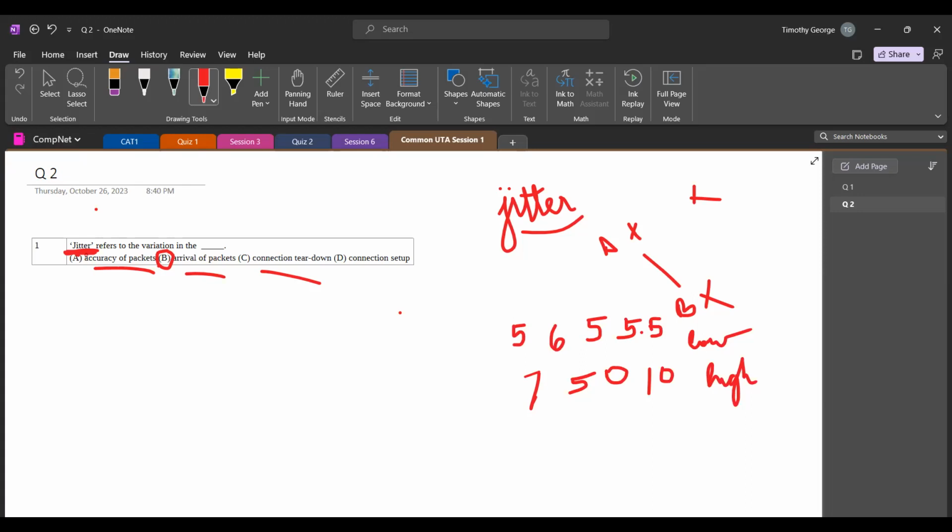That's basically jitter, so you would immediately know it's arrival of packets. It's not accuracy. Packets can arrive fast but wrong, but jitter does not take care of that. It's not connection tear down. Jitter is a metric, and there are no metrics for how fast a connection gets built. It's not connection setup either. So those two options are gone.